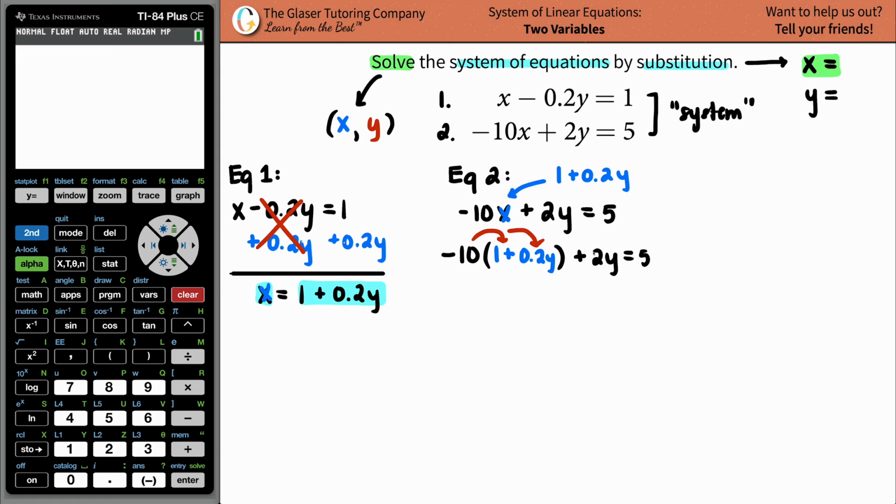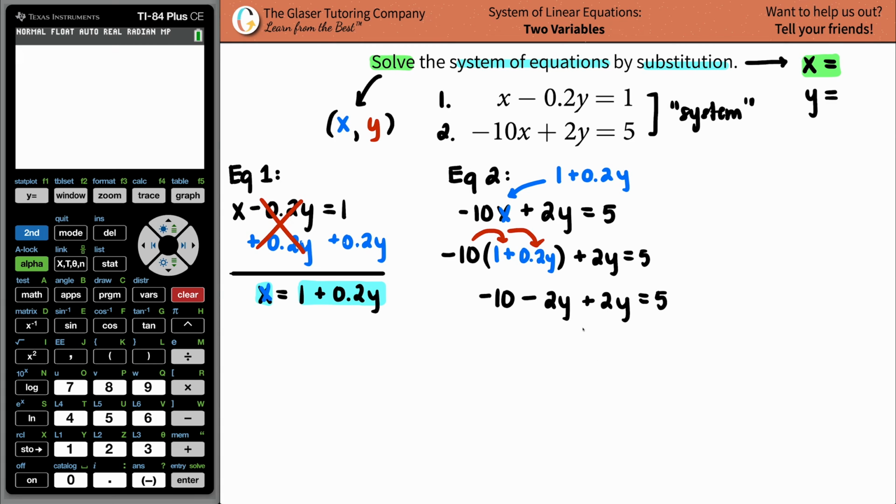No more x's, so you can solve it just like any other equation. So we have negative 10 times 1 is negative 10, minus 10 times 0.2. Well, 10 times 2 is 20, you move the decimal over, so this would be 2y. And then plus 2y equals 5.